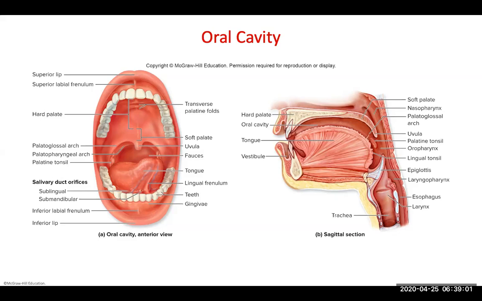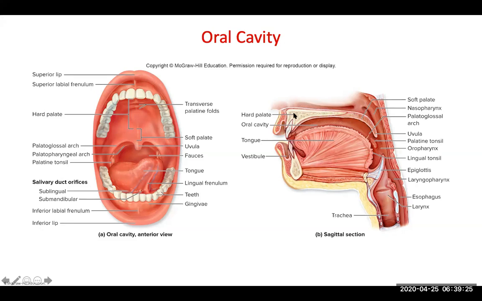So then if we look at the oral cavity, your pharynx is divided into three pieces. The oropharynx is the part of the pharynx, or throat, right behind the oral cavity. We can't see any salivary glands here yet, but we will get to them. You can see your teeth here outlined and also the big muscular tongue.